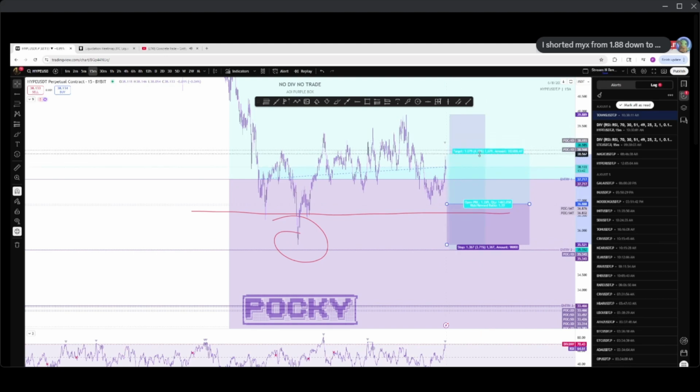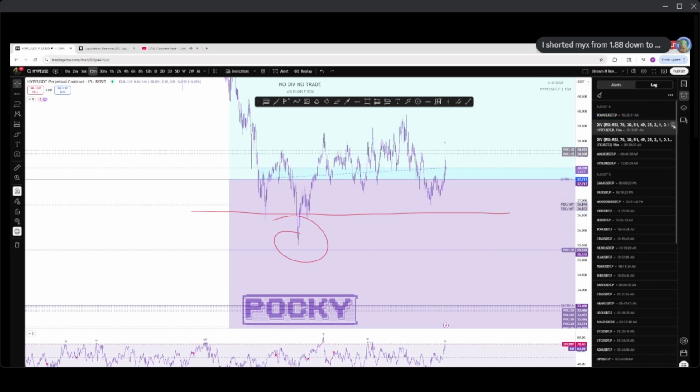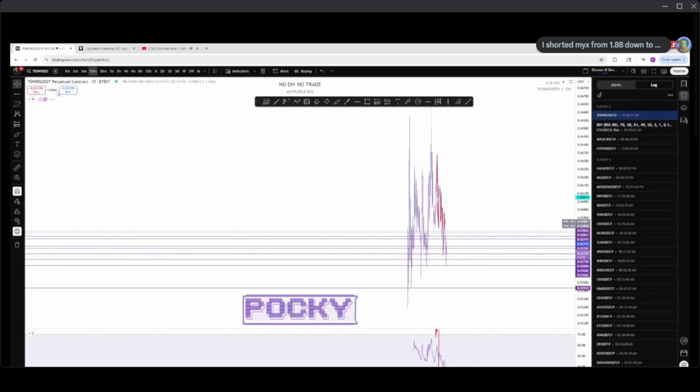And it does not have a 2RR, so it's a no-go for me. I don't think it's going to make a difference, especially when our entry is right here. We're literally front-running our spot entry. We still don't get a 2RR. It's not worth it for me. So HYPE doesn't matter.